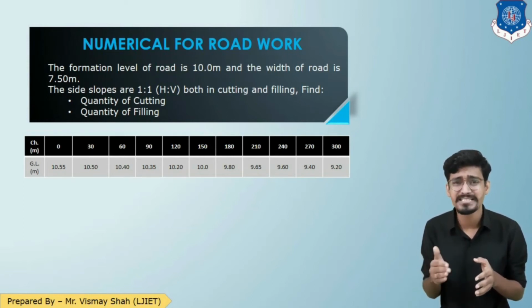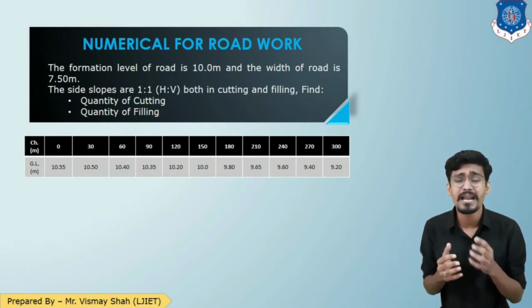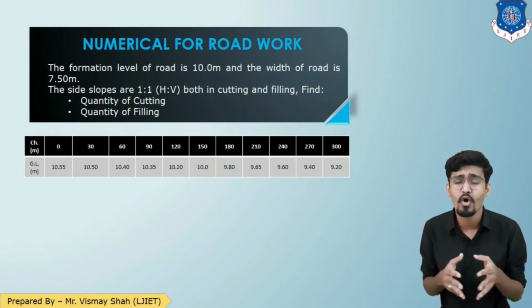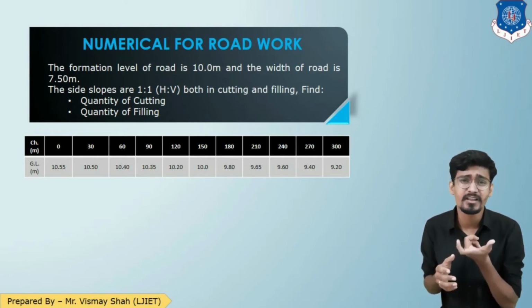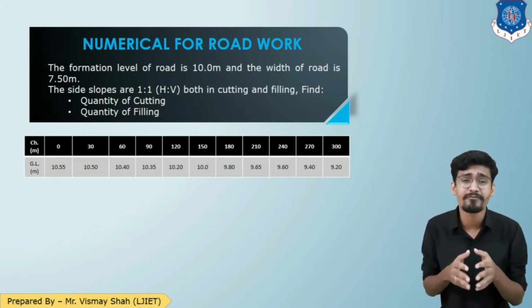The chainage points are 30 meters away from each other, and different ground level measurements are given. Another data given is that the formation level of the road is 10 meter and the width of the road is 7.50 meter. The side slopes are 1:1, horizontal to vertical, in cutting and filling both.